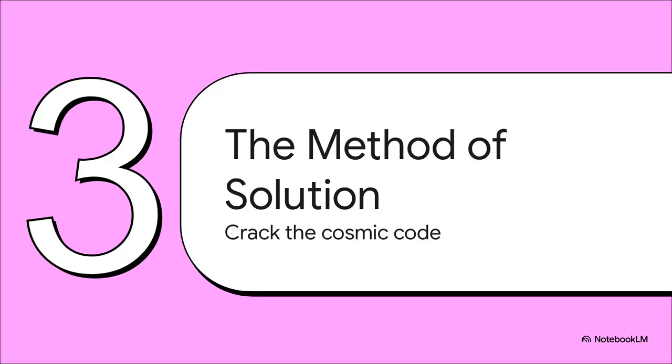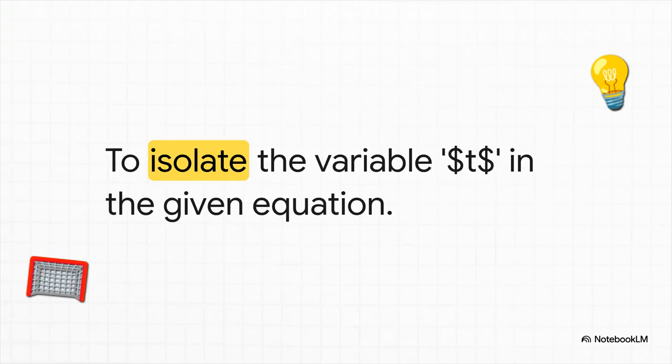All right, Section 3, the method of solution. We've got our mission, we've decoded our clues, now it's time to lay out our plan of attack. This is where we bring in the heavy-duty mathematical rigor, to really crack this thing open. So let's be professional about this. State our objective formally, just like a real scientist.